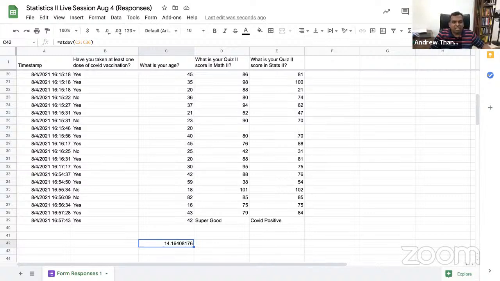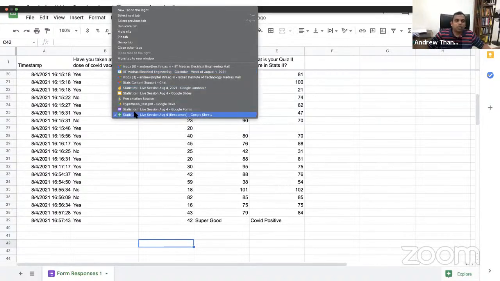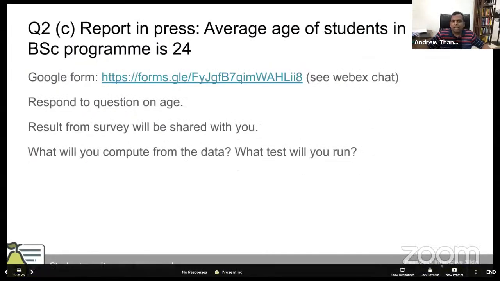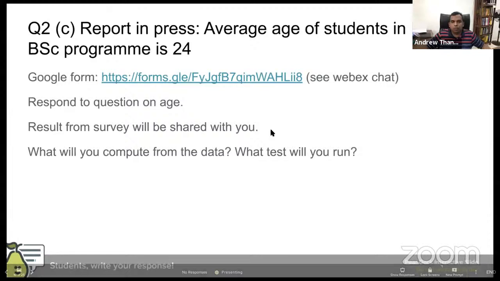So the average is 31 and the standard deviation is 14. That's okay. So let's just keep that. Let's come back to the presentation session. I needed to compute some things. I've computed it. Let me put that out on the chat here for everyone to see.